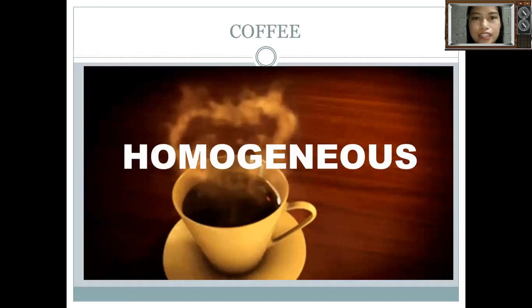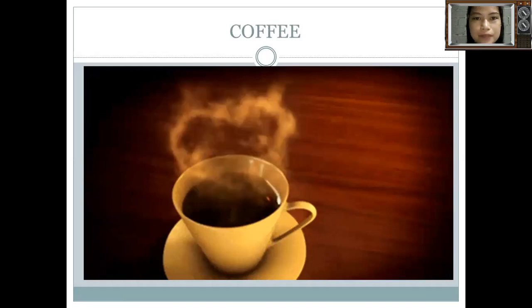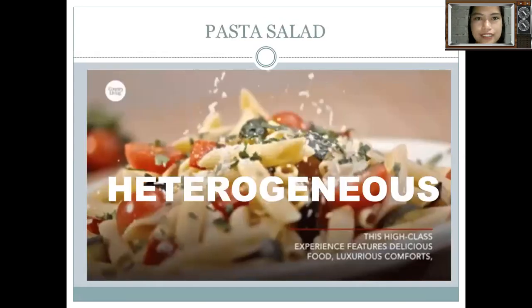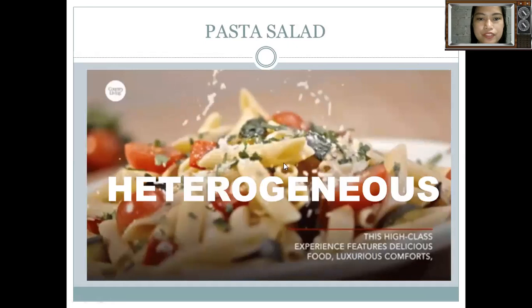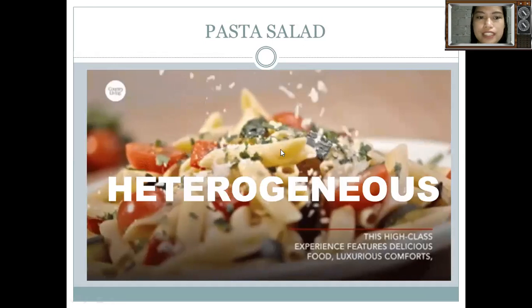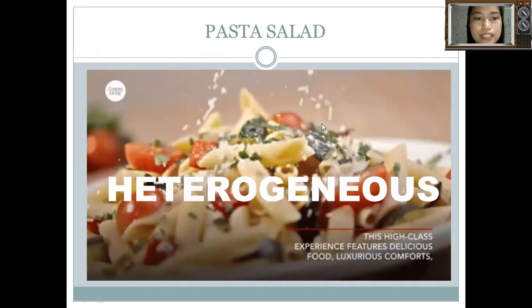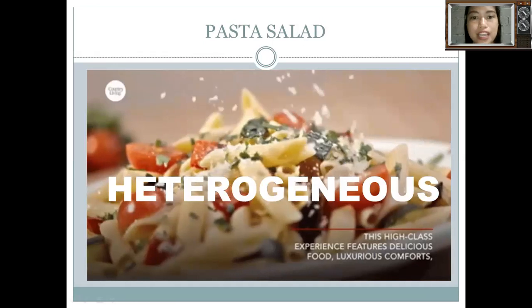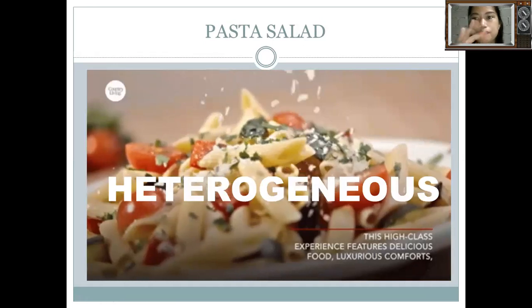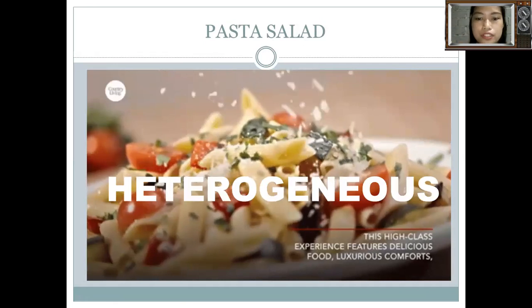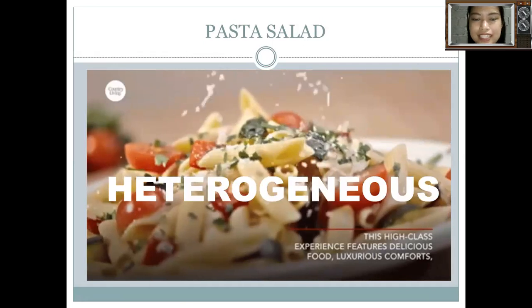It is the pasta salad. As you can see, there are different components of the pasta salad, and each component, like the pasta, tomato, cheese, basil, they all stand out. You can separate them using your hand or spoon, which we call mechanically separated.